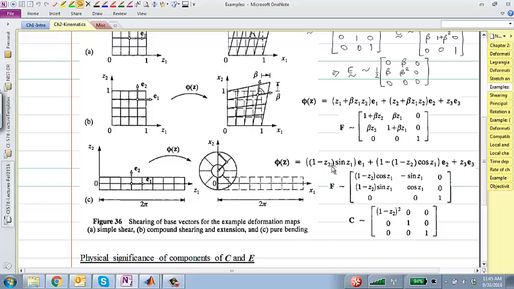So given this map, we can easily find F, which is the derivative of the x1 term with respect to z1, z2, z3, and the derivative of the x2 term. Maybe I'll write that here. All of this is x1. All of this is x2. And clearly z3 is x3.